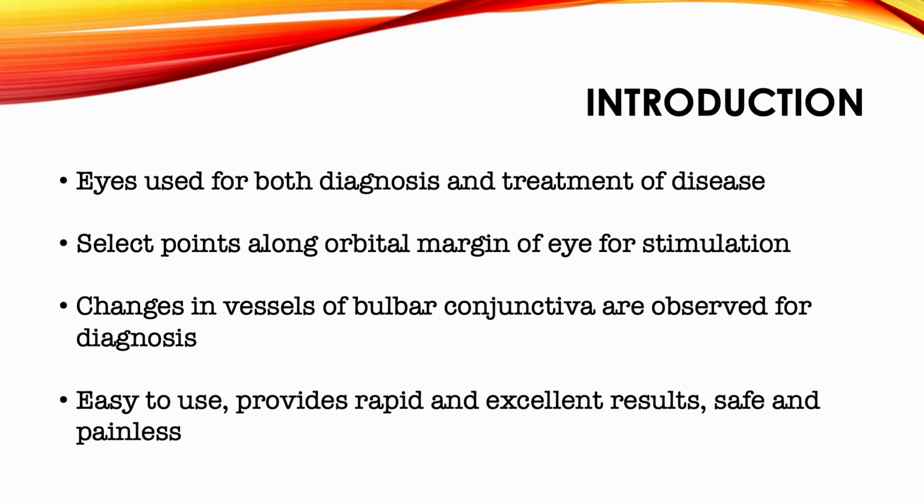Eye acupuncture is different from other acupuncture microsystems in that the changes in the vessels of the bulbar conjunctiva are observed for diagnosis. Point selection and treatment principles are based on these findings. This therapy is easy to use, provides rapid and excellent results, and is safe and painless.